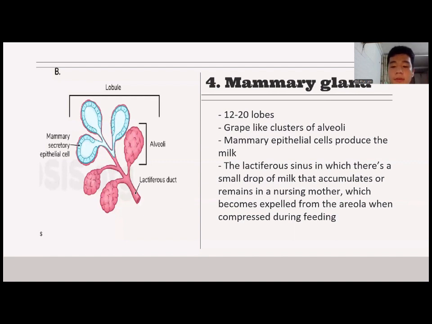These alveoli are connected through a network of ducts called the lactiferous ducts, and eventually form a single lactiferous duct. Each lobe will open independently to the areola to drain the milk produced during lactation.